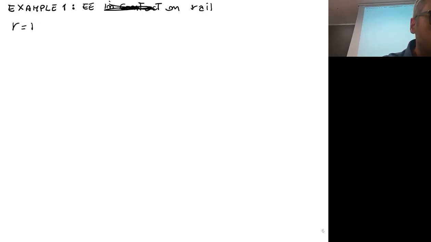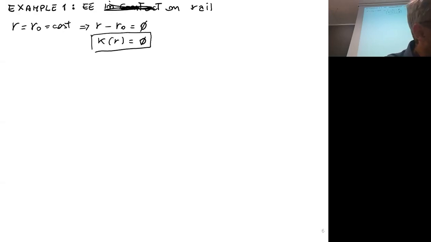This means we want the end effector position, for example, to be constant. If we write this as we described before, as a constraint geometric function of r, we get a constraint on the task space.